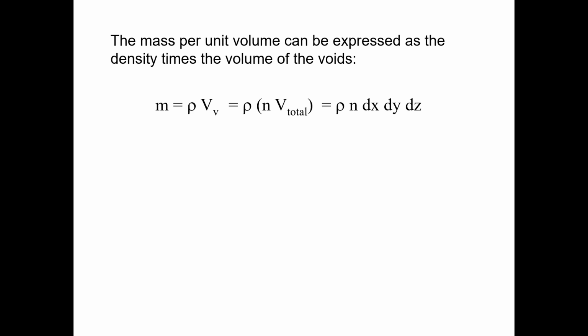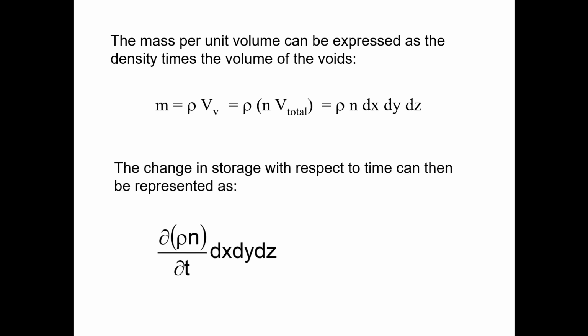So therefore, if we want to come up with a term representing the change in storage with respect to time, we can take the derivative of this. It's the change, so the water stored in the soil is the density times the porosity times dx, dy, dz.